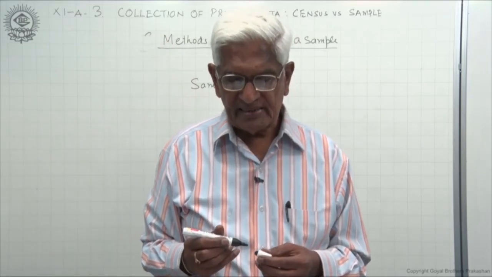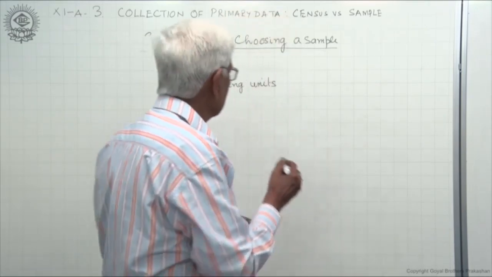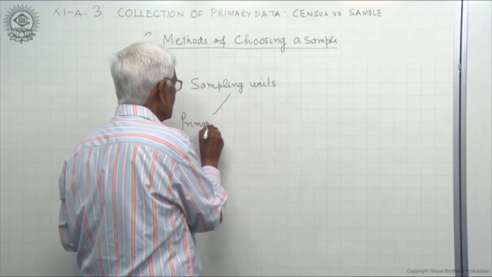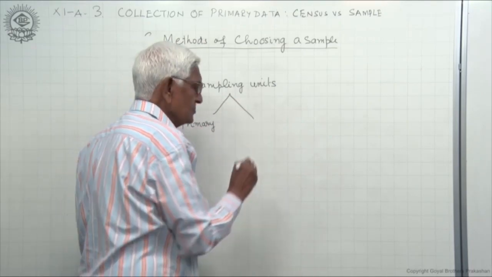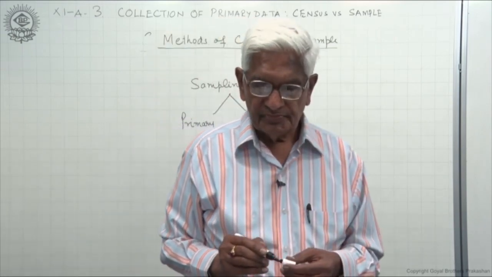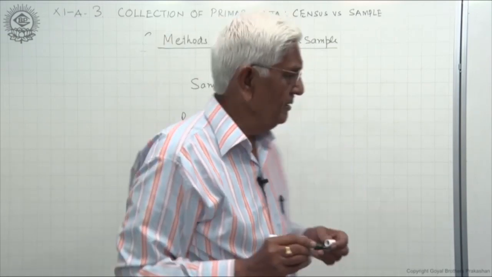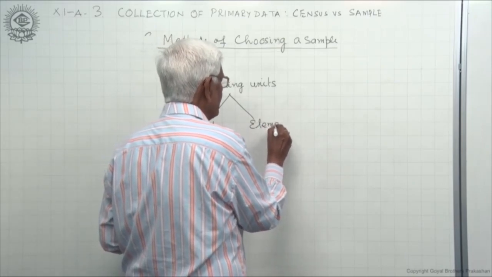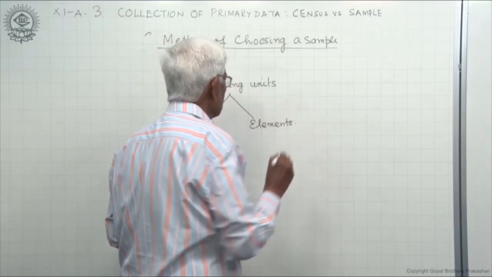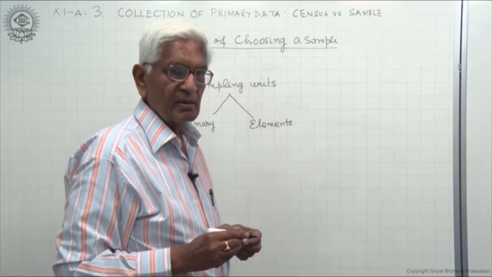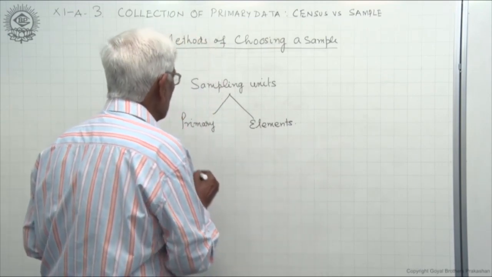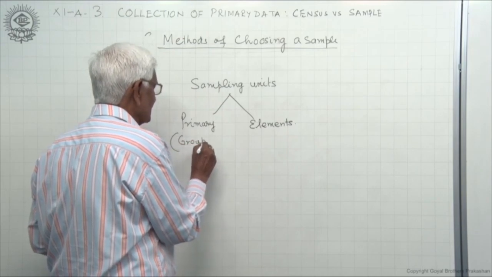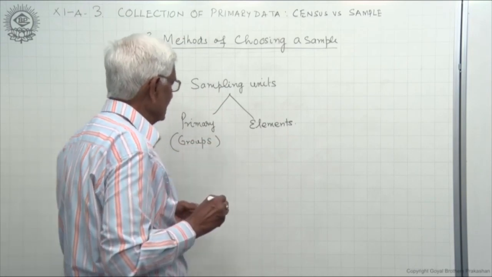These are of two kinds: primary sampling units, then elements. Primary means you make groups from within the sampling units. Groups.